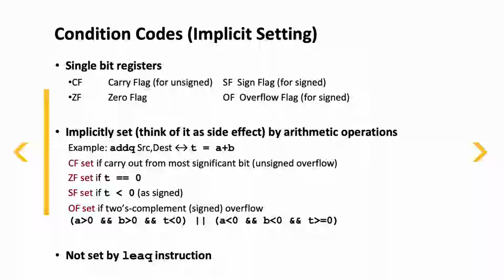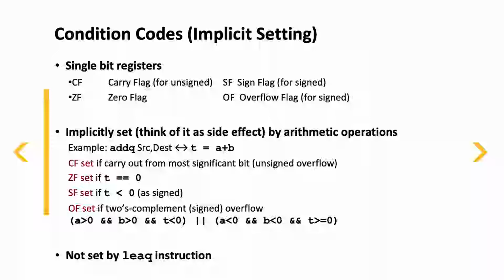Now, these can be implicitly set, and we can think of that as a side effect by arithmetic operations. So if we just do an add, right, we add a source to a destination and dump the result into that destination, then the carry flag would be set if there's overflow from an unsigned operation.